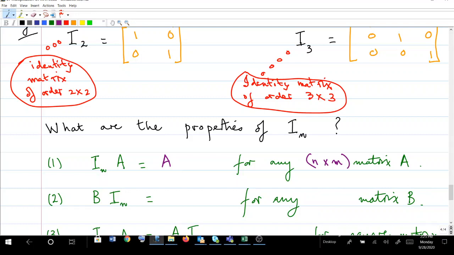Number 2, the matrix B multiplied by the identity matrix of order n by n, this would equal to the matrix B for any matrix B that will have to be of, say, m by n. The n will have to be fixed for the multiplication to exist, right?